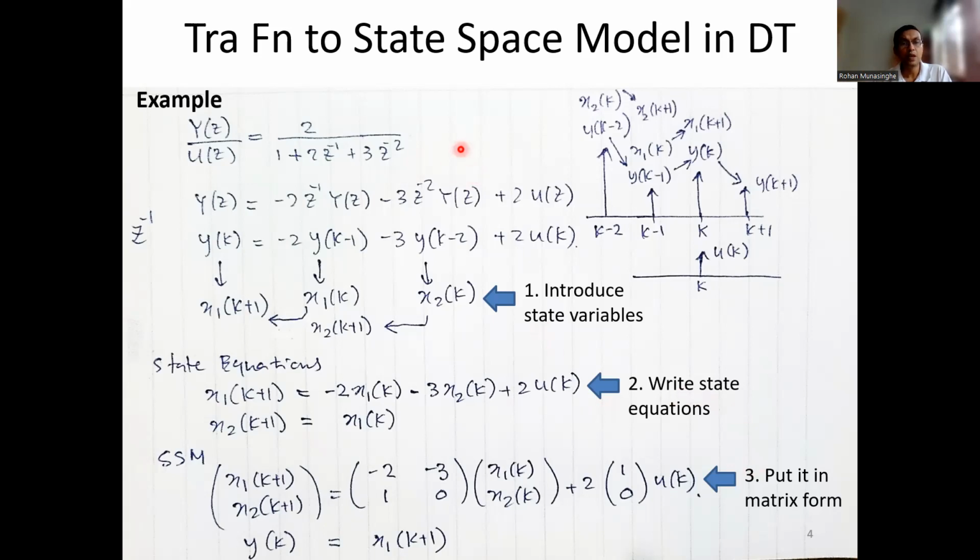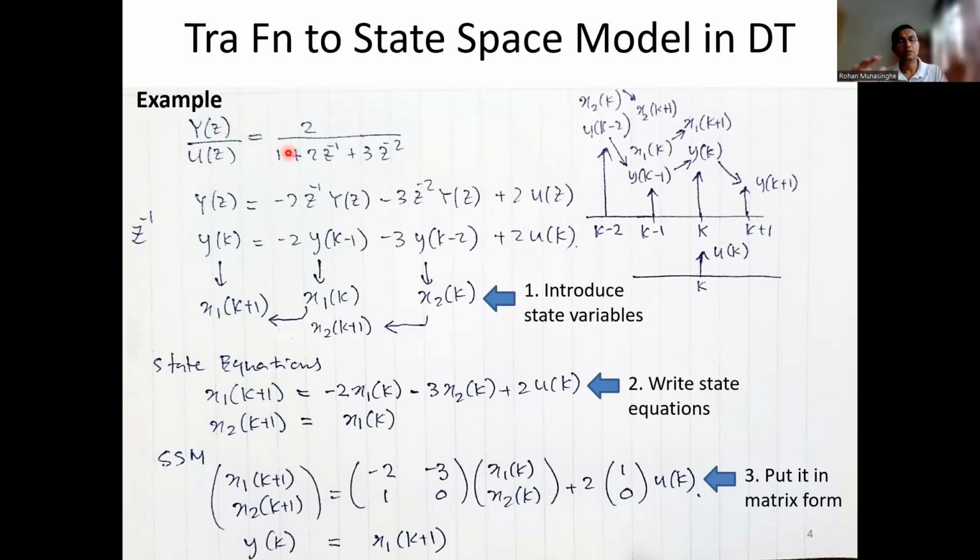Now, let me get this example so that you can understand what we're trying to do here. We have a plant, y(z) over u(z), explained by this transfer function, 2 over 1 plus 2z^-1 plus 3z^-2.